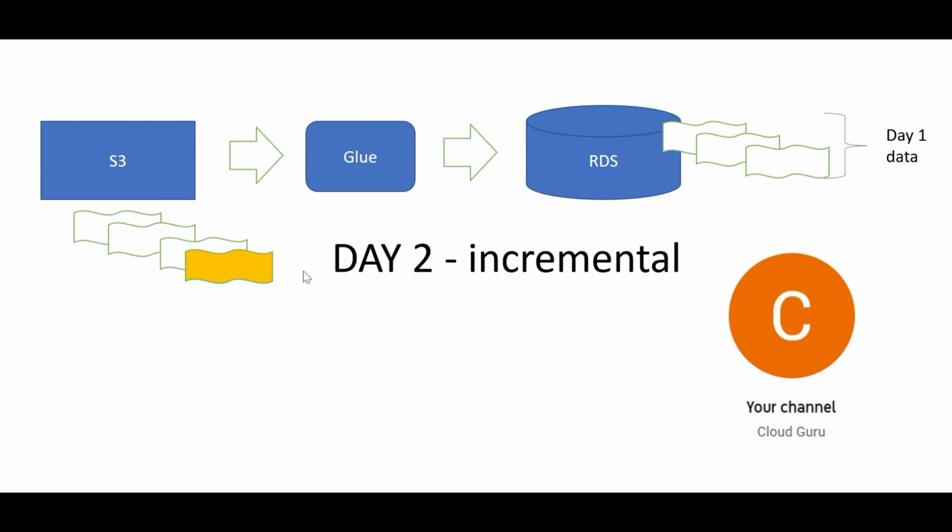Now this yellow color is the fourth file. Now you have to move this to RDS. This is incremental. You don't have to move files 1, 2, 3, and 4. You only have to move file 4, because 1, 2, 3 are already here. So that is the concept of incremental. Any new data that comes, you only have to move the new data.